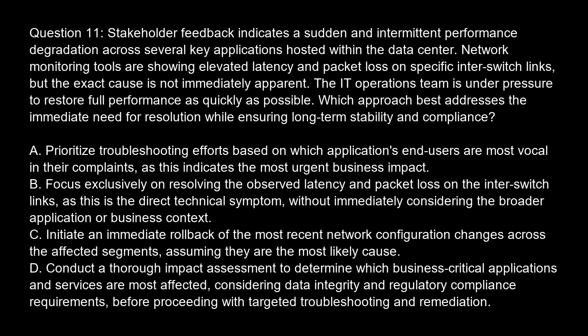Option C. Initiate an immediate rollback of the most recent network configuration changes across the affected segments, assuming they are the most likely cause. Option D. Conduct a thorough impact assessment to determine which business-critical applications and services are most affected, considering data integrity and regulatory compliance requirements, before proceeding with targeted troubleshooting and remediation.